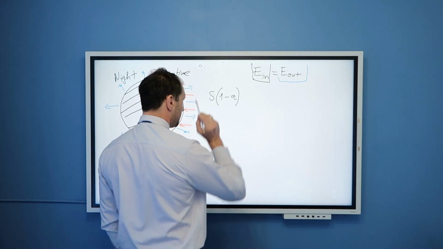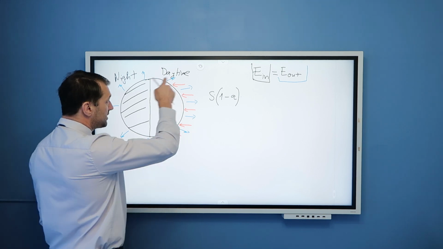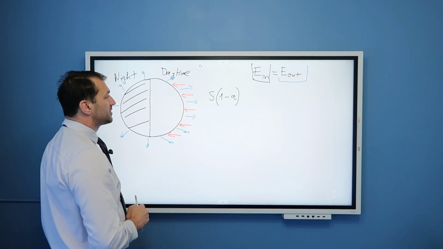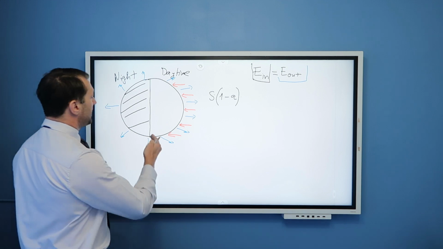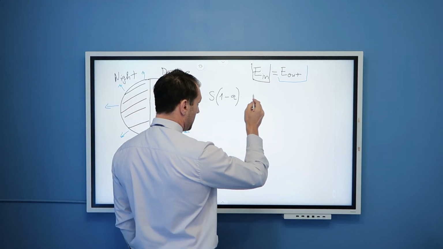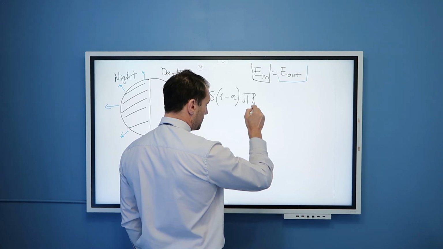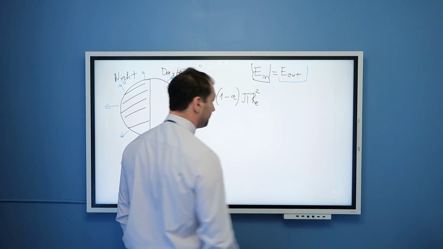And times what? Well, I just told you that only this part of the planet absorbs energy from the sun, and that is the area of the circle, namely pi radius of the Earth squared.